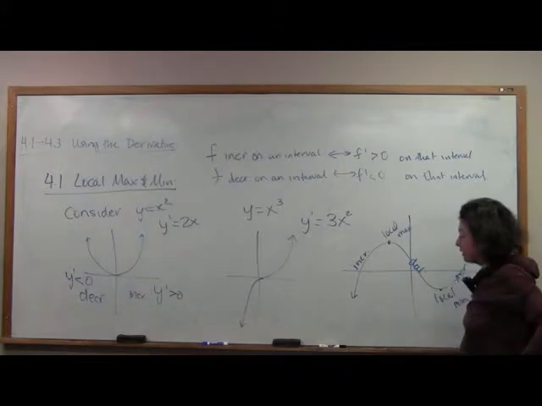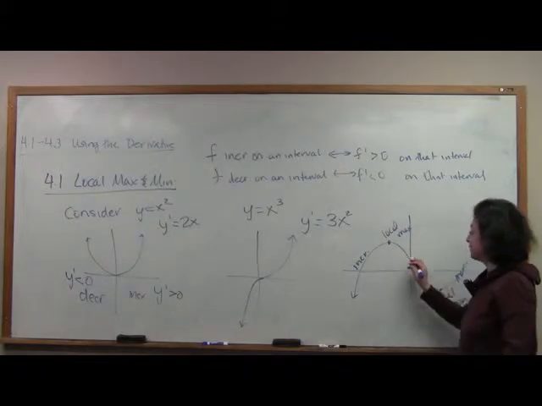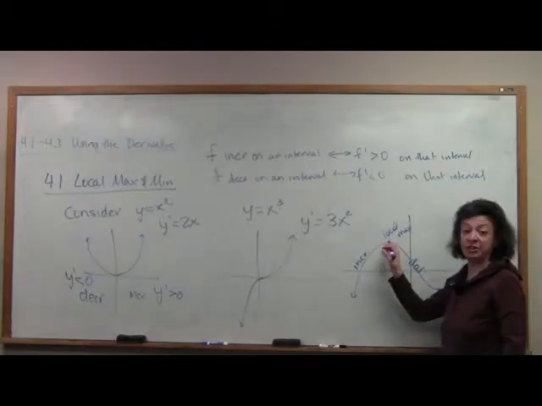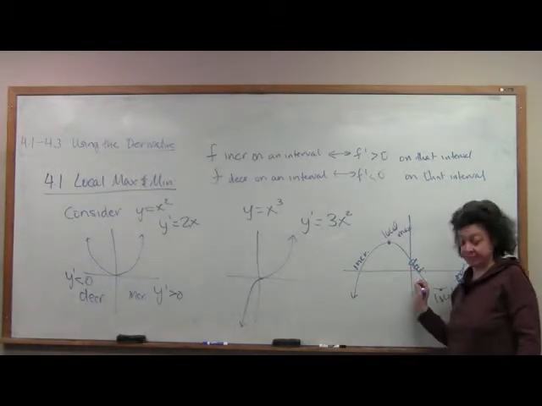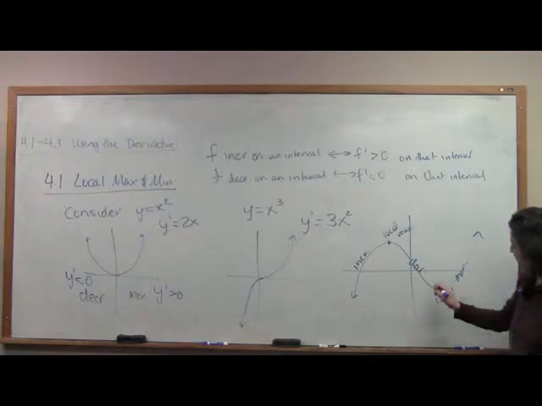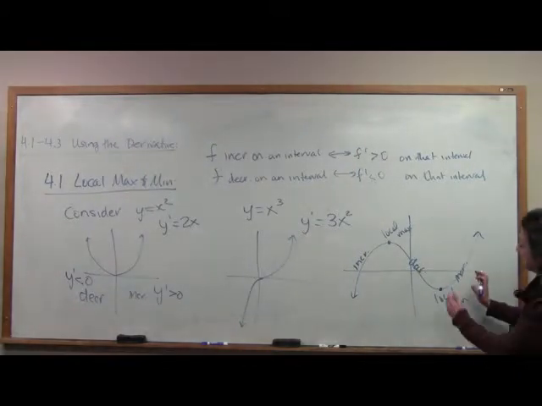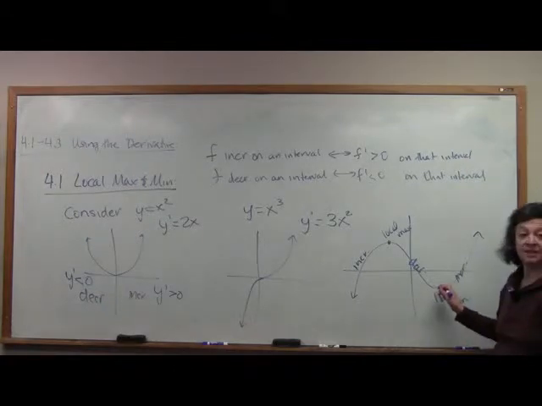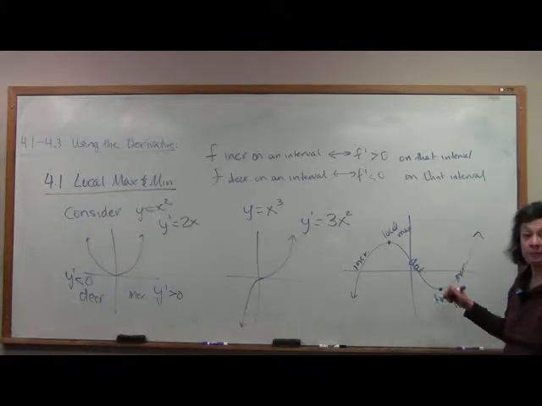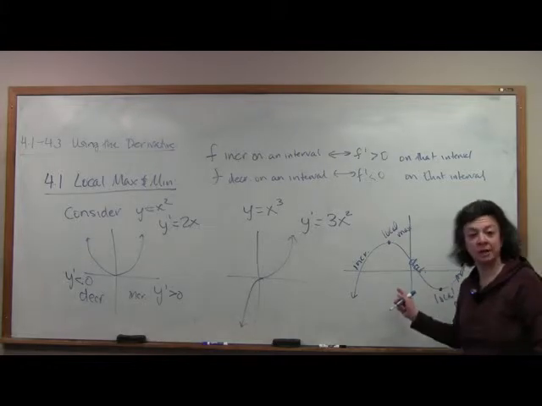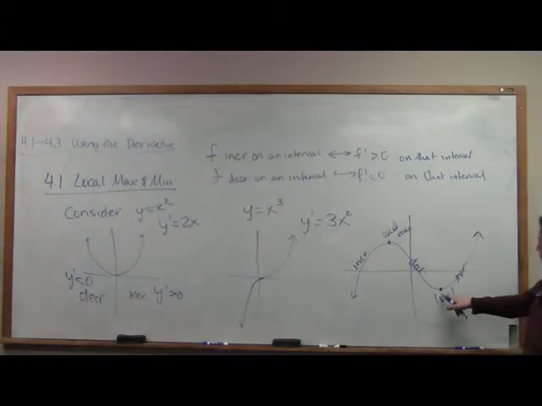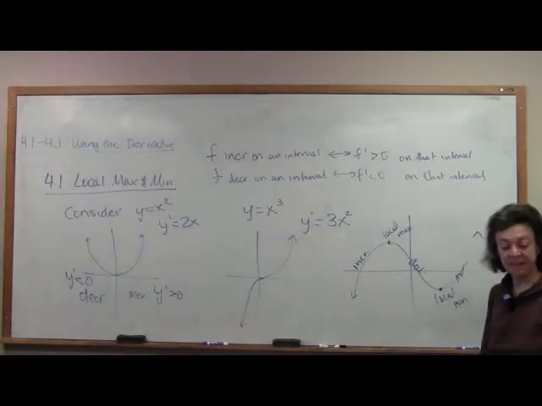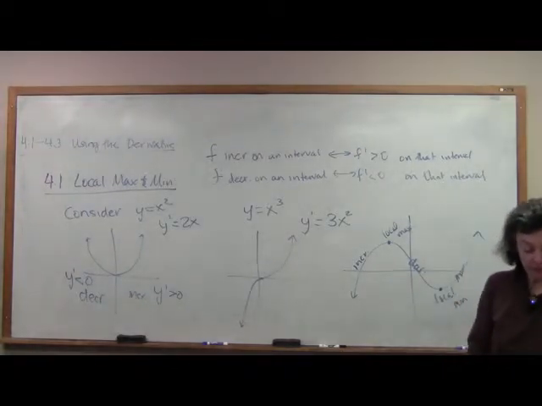And what's happening here is my derivative is 0, and that's also where my derivative changes from being positive to being negative. Similarly, locally, in this region right here, this is my minimum value. We call these also turning points. Globally, it's not my minimum because my function goes down to negative infinity.